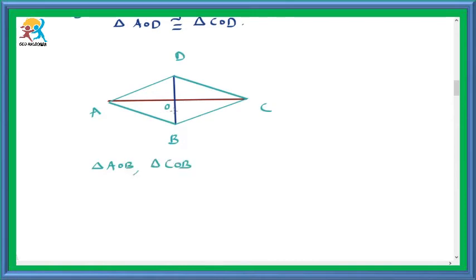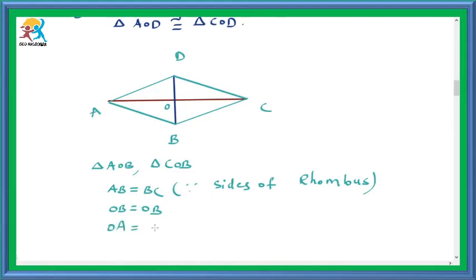I am choosing the two triangles which are downwards in this figure. In these two triangles, what are equal? Shall I write AB is equal to BC? What is the reason? They are the sides of the rhombus. And OB is the common side. And OA is equal to OC.